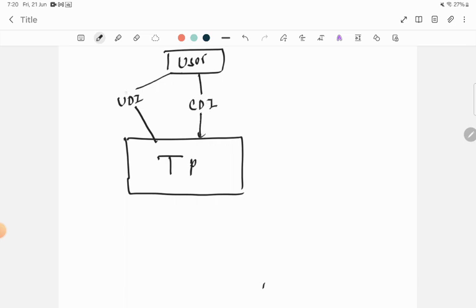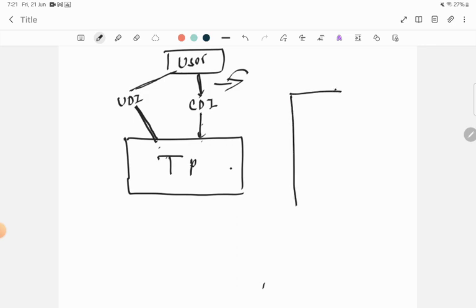If you want to change your username and password, your PIN number, or your app color, this data is fed into the TP, the transformation procedure, and then you can do that work. But in the case of CDI, such as checking your account balance or transferring your balance to some other account, these go through the transformation procedure.